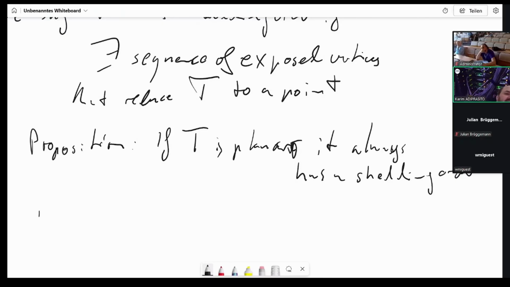And then there's a theorem that is also very familiar to something that I did with Bruno during my PhD and his postdoc time, and this is the following.